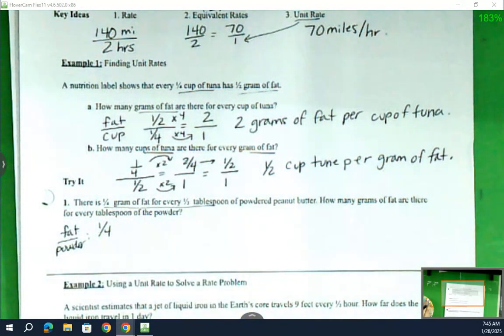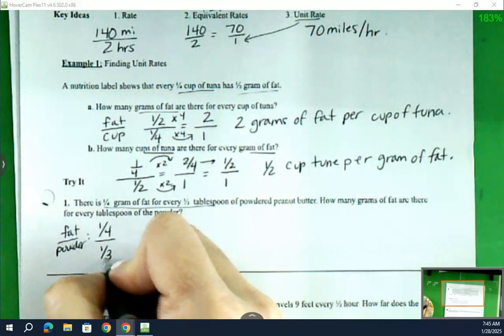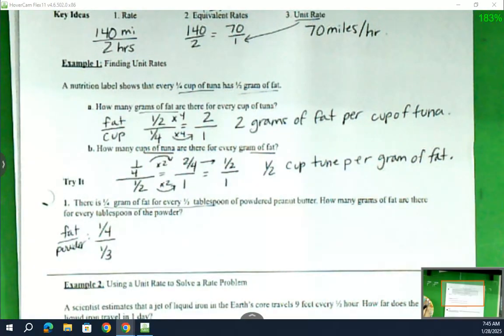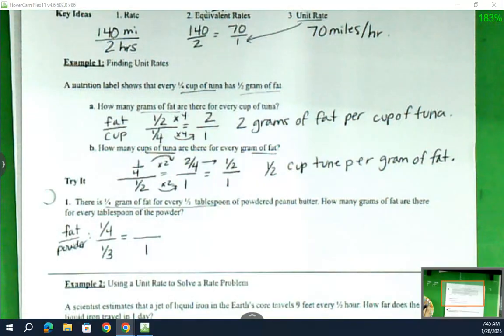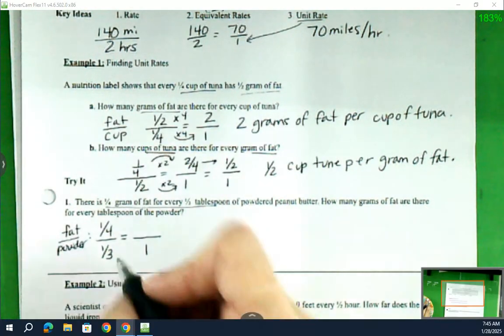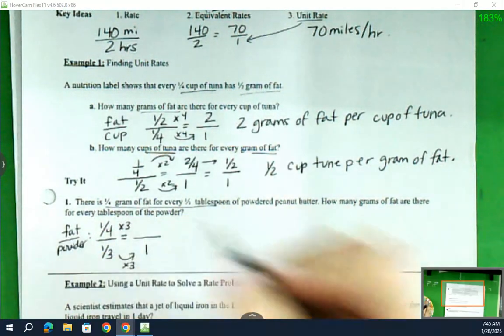So if you want to write the words to set it up properly, make sure you have the right number in the numerator and the correct number in the denominator. Okay, so we want per 1 tablespoon of powder. So 1/3, that would be times 3 to get 1. So I have to do 1/4 times 3.